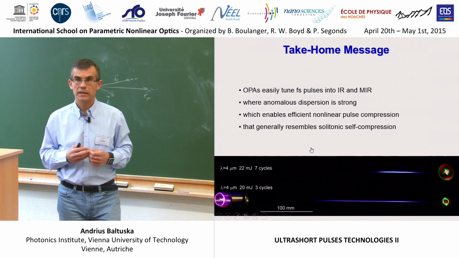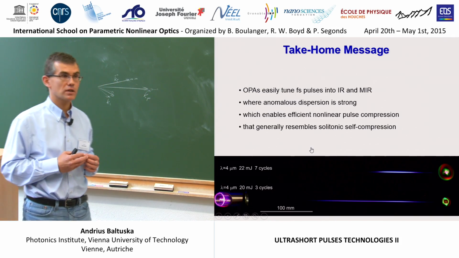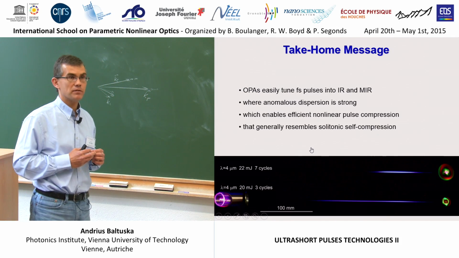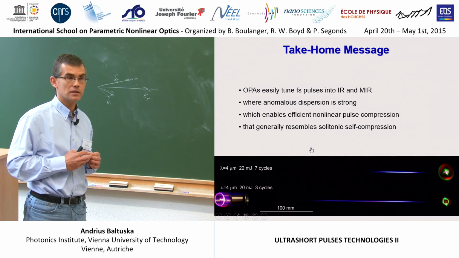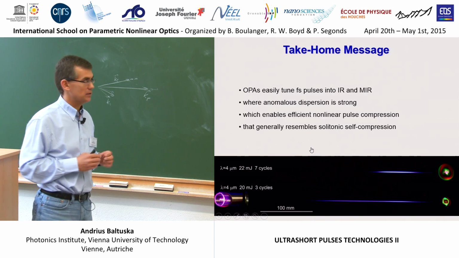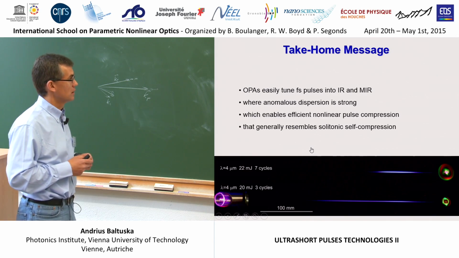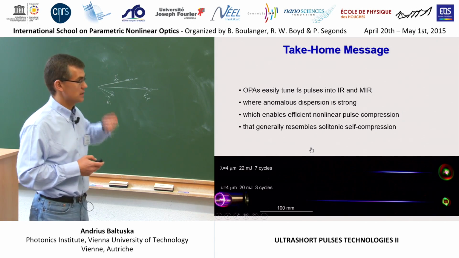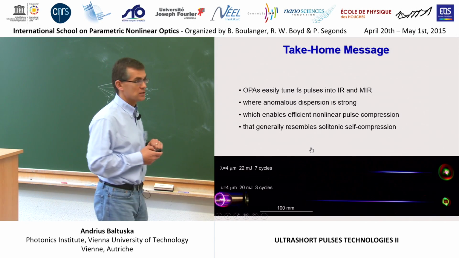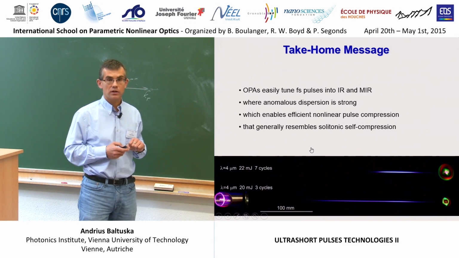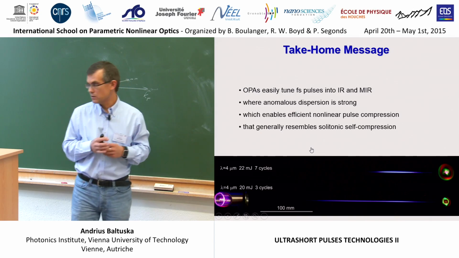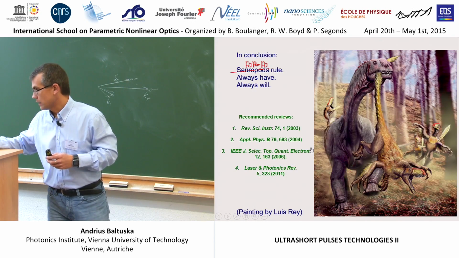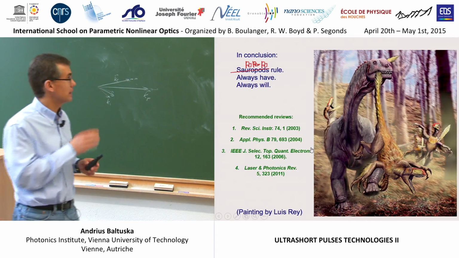To achieve that at the wavelength of 4 microns, you need a peak power above 250 gigawatts, and we're at the level of about 700 gigawatts. Okay, so the gist of the message here is that it's only possible for infrared pulses, and to get there you need an OPA. Okay, and that's the last slide.